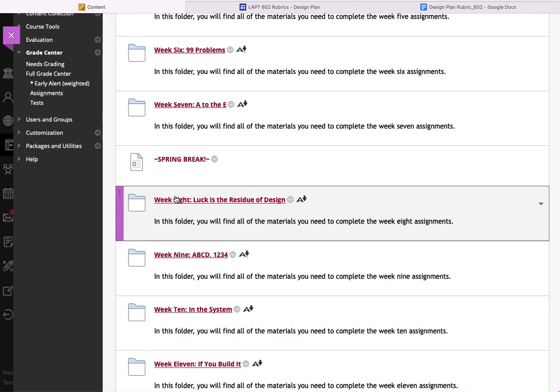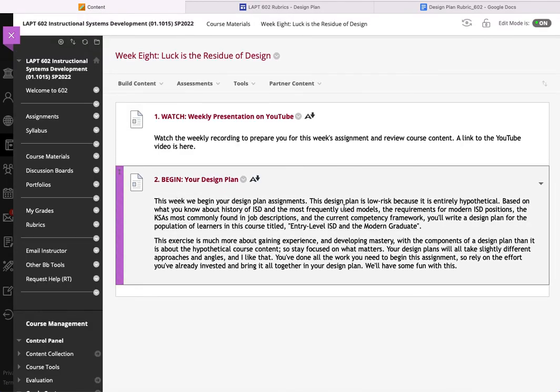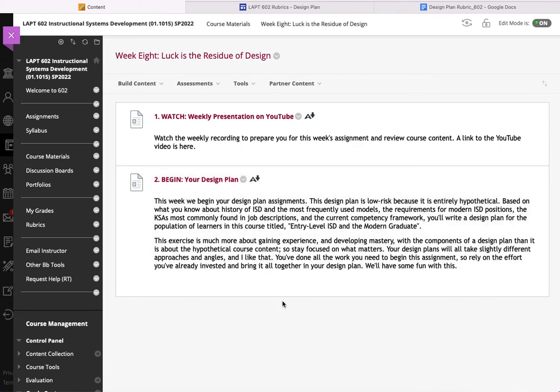It is not as important that you get the content of the course right, entry-level ISD and the modern graduate, but that you get the framework right, and that you get your thinking right, and that you approach this assignment with the right logic and the right steps. Okay, so get started, and if you have questions, as I'm sure you will, please post them on the discussion forum. I will answer them there.